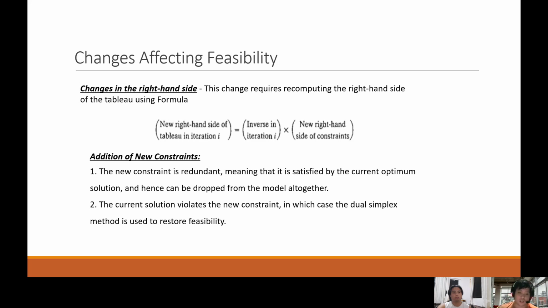Addition of new constraints has two cases. The first is that the new constraint is redundant, meaning it satisfies the current optimum solution and hence can be dropped from the model altogether. The second is that the current solution violates the new constraint, in which case the dual simplex method is used to restore feasibility.